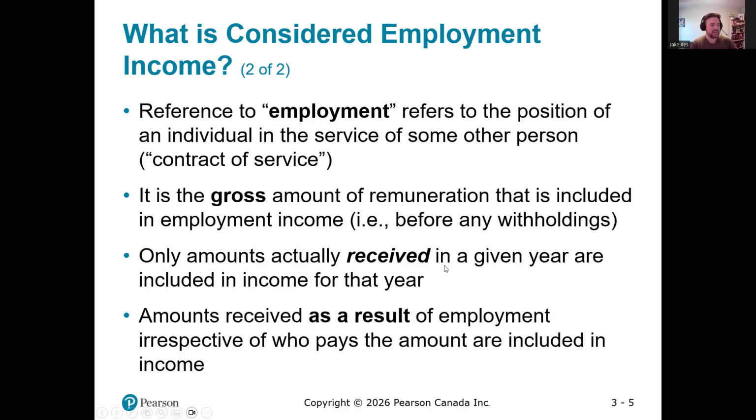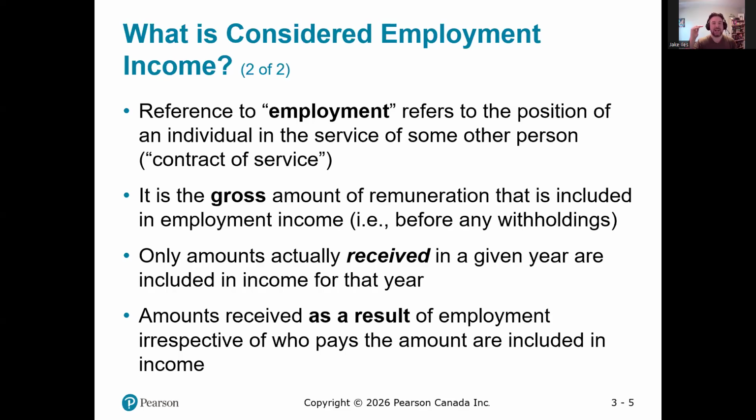Only amounts received in a given year are included in income. Businesses deal with the accrual basis of accounting, so they include in their income anything that is owed to them. But employment income is different. It worries about when cash was paid. So if I have a paycheck in October for time in October, that's included in the 2024 year. I got paid in the year.